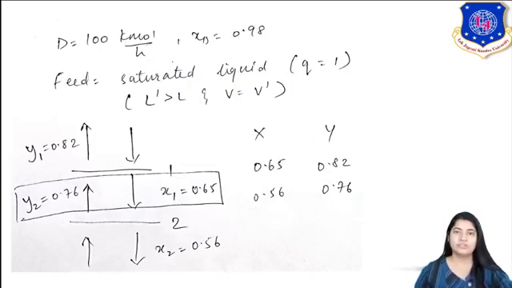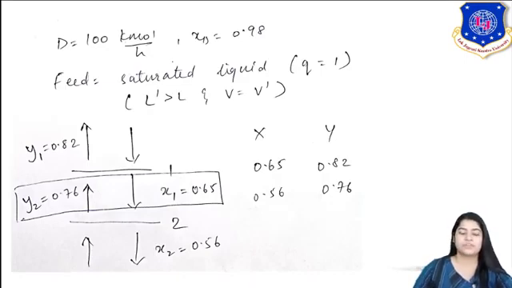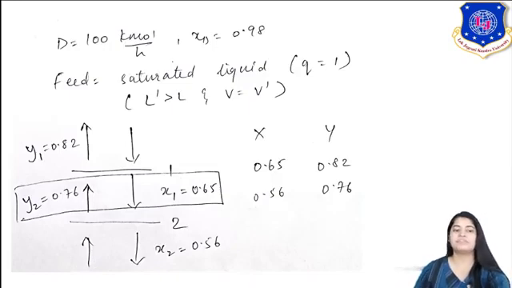Now let's talk about the adjacent plates. So you can see 1 and 2 are my adjacent plates. See here, be very careful how you are arranging your Y and X terms. From plate 1 the vapor leaving is Y1, 0.882. As you go upwards, your vapor phase composition increases, hence I am keeping Y1 on top.